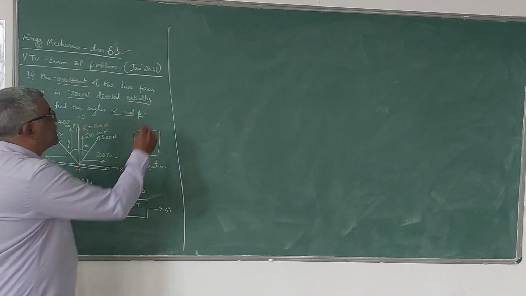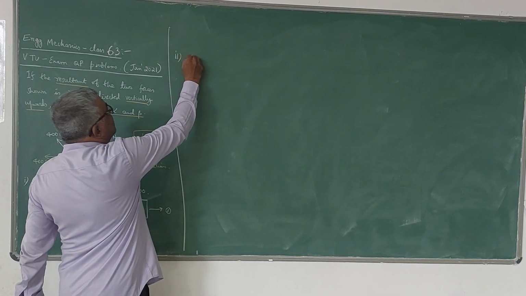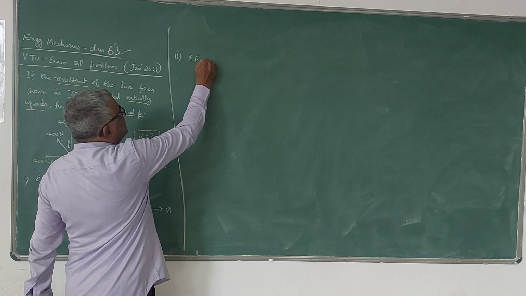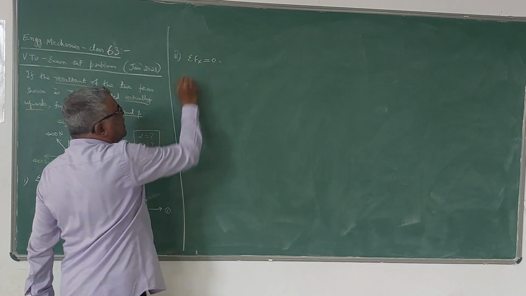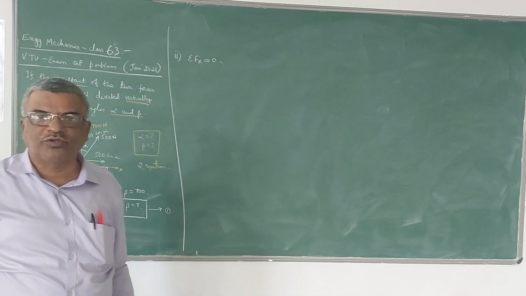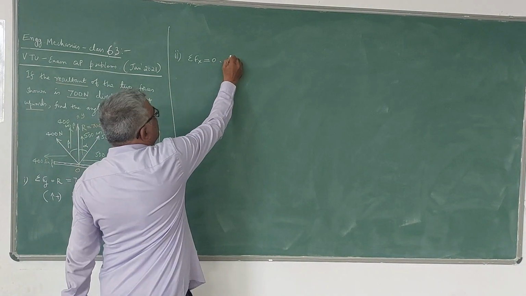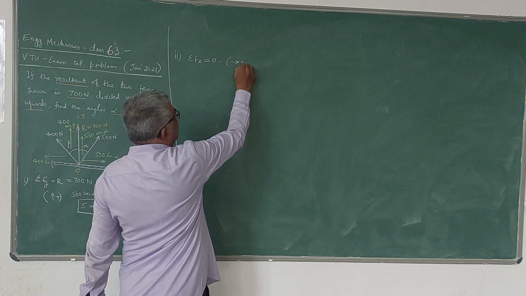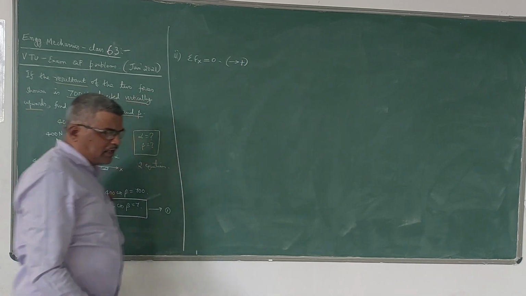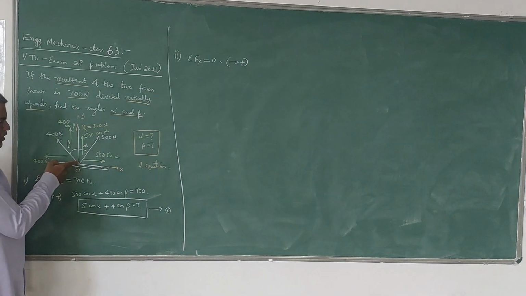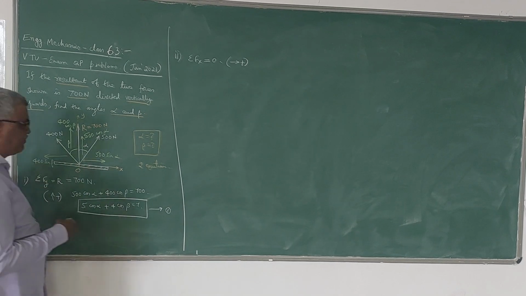Now the second equation is sigma Fx equal to 0. Please note that since the resultant acts along the y direction, the algebraic sum of the forces along the x direction, that is the x component of the resultant, will be 0. For writing this equation, I use the sign convention: forces acting towards the right positive, left negative.